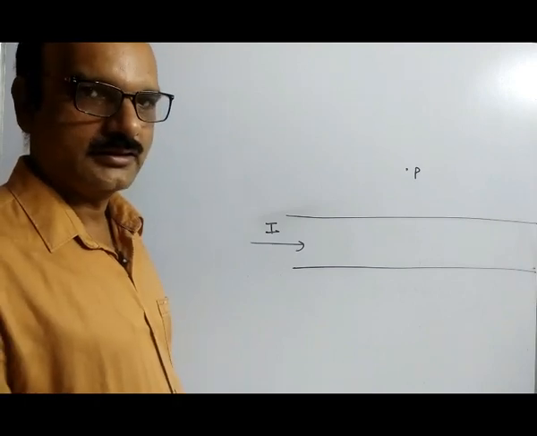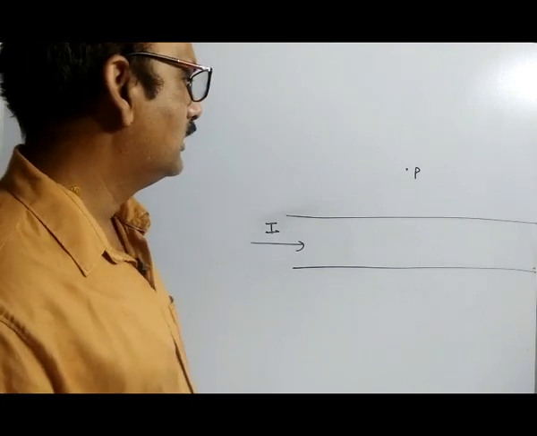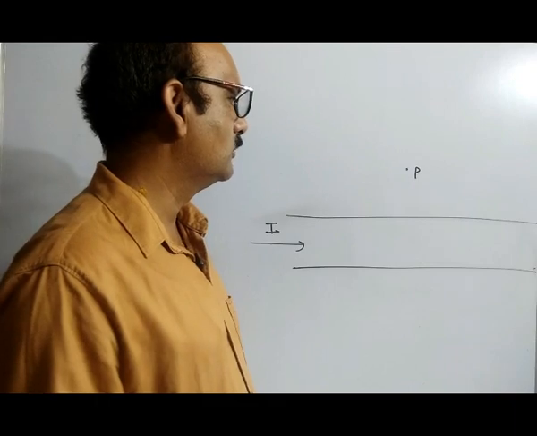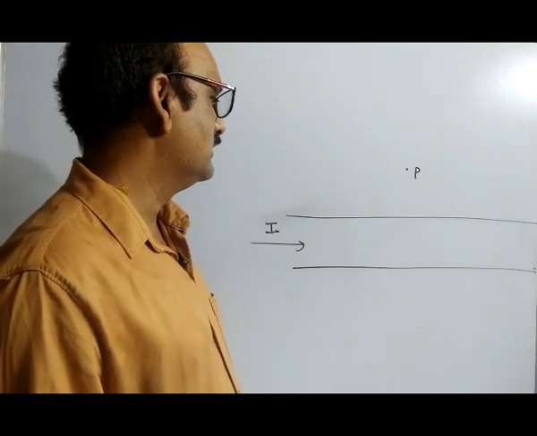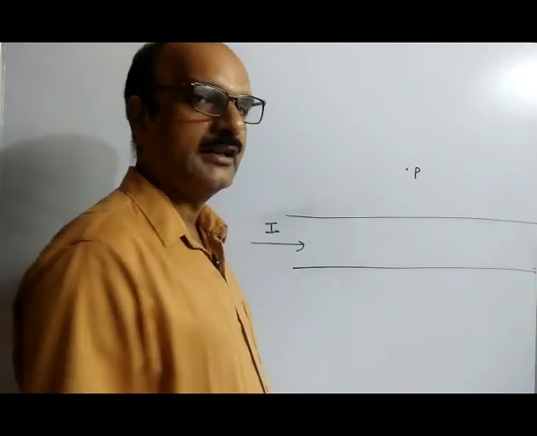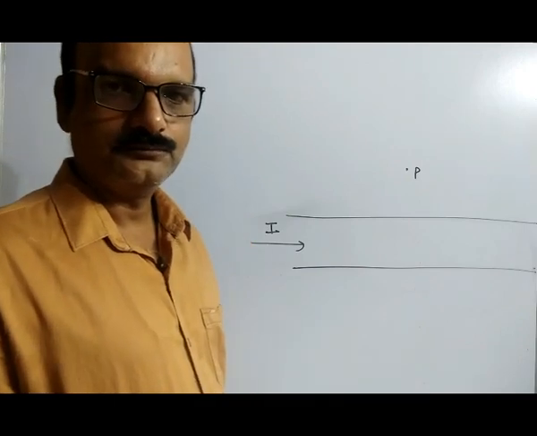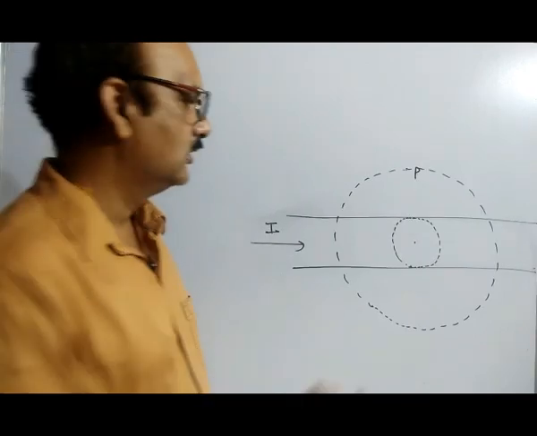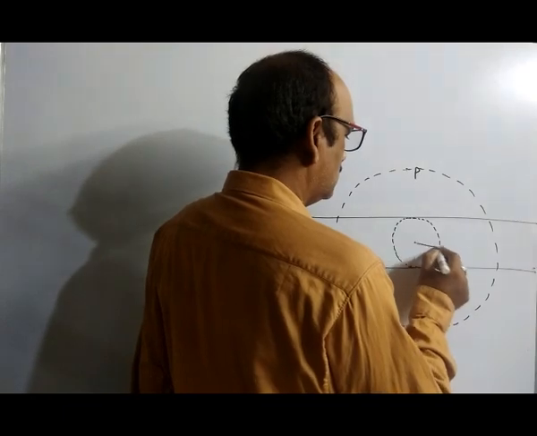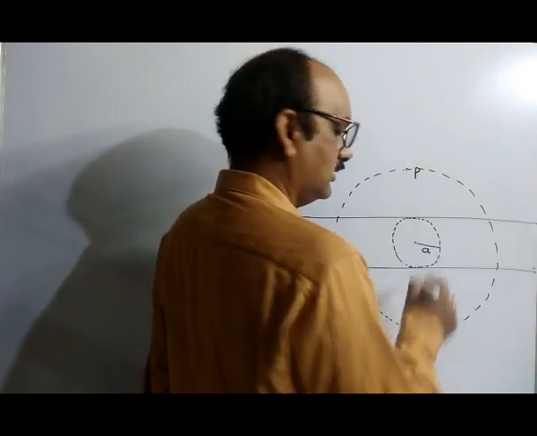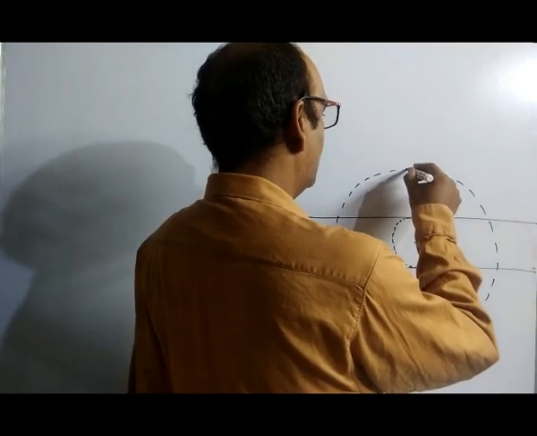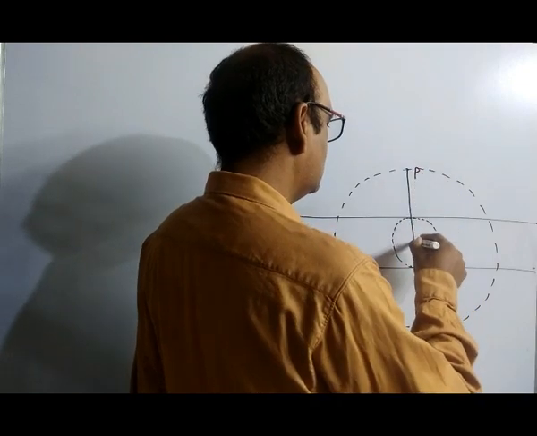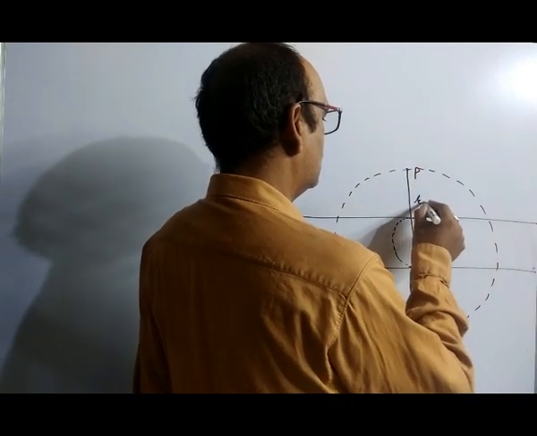Now draw an Amperian loop in circular form which will encircle this current carrying conductor. This distance, that is radius, is a, and this one is r1.